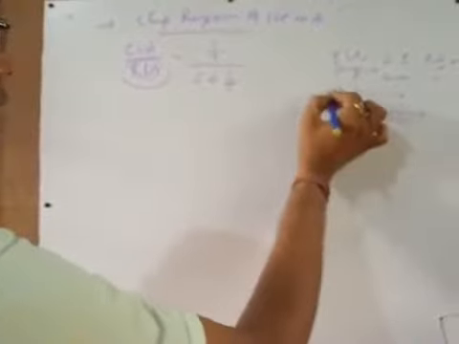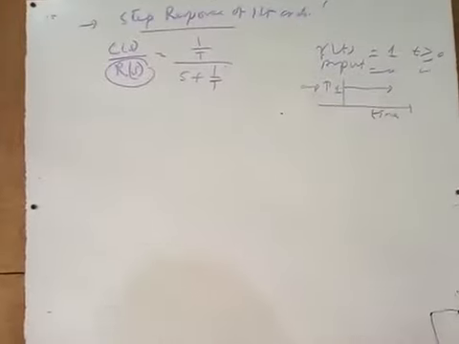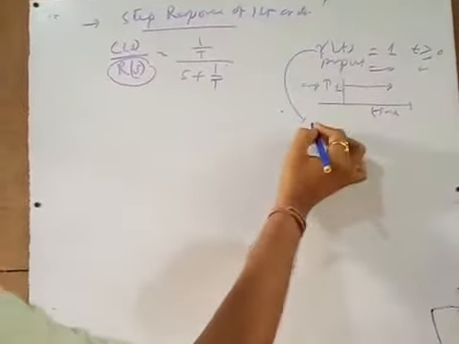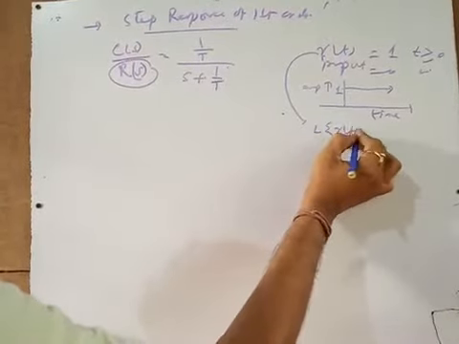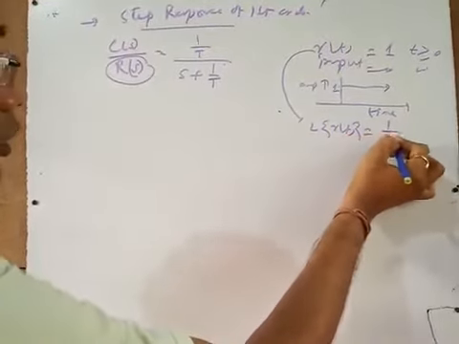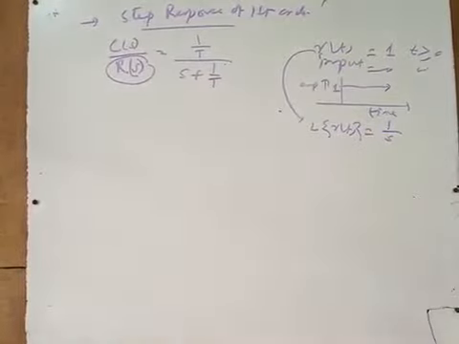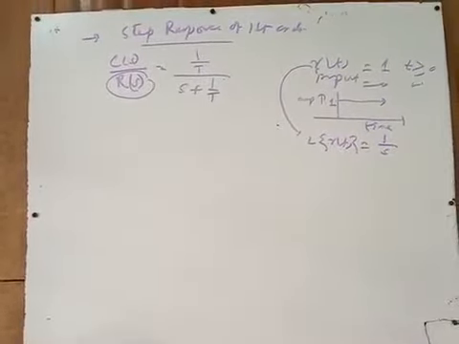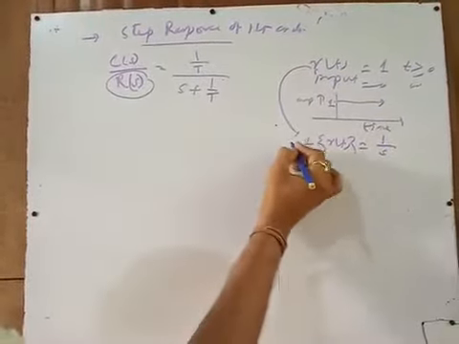That means the input signal is like this. This is your time, this is amplitude, this is 1. If you get the Laplace transform of it, L of r(t) is equal to 1 by s. Already we have developed this in the previous lectures. So this is your R(s).